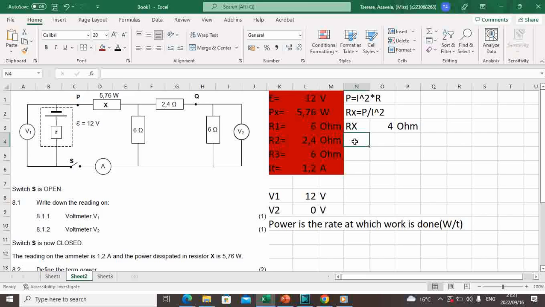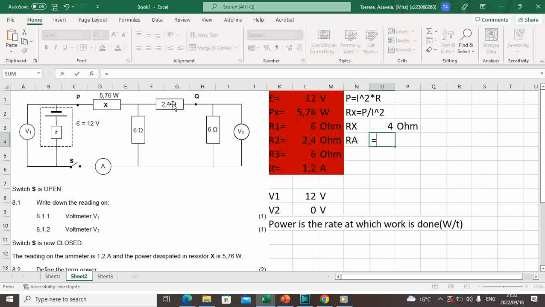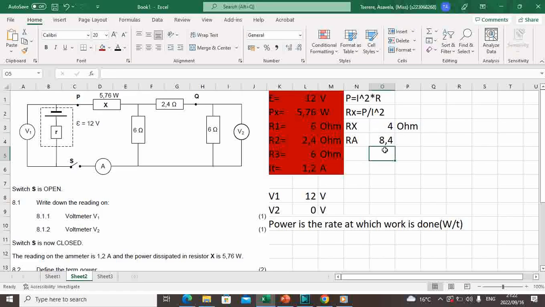RA is equal to R3 plus R2, equal to 8.4 ohm. So 2.4 ohm plus 6 ohm is equal to 8.4 ohm.